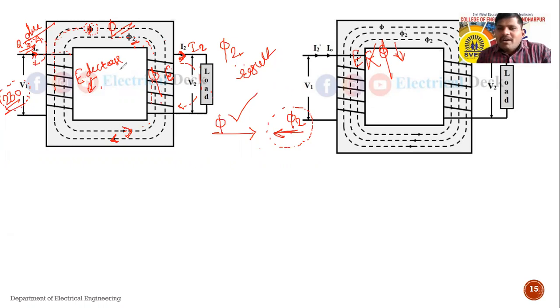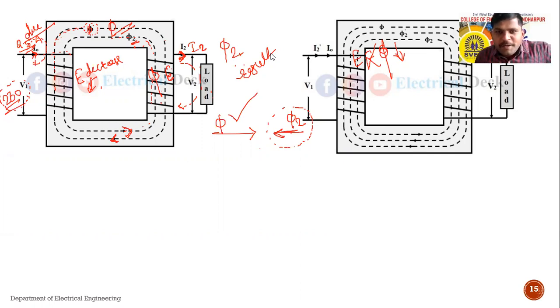To make the voltage equal, an additional amount of current will be taken from the supply. When the EMF induced in the primary side starts decreasing, to meet the value equal, that is V1 and E1, the current taken from the supply will increase.